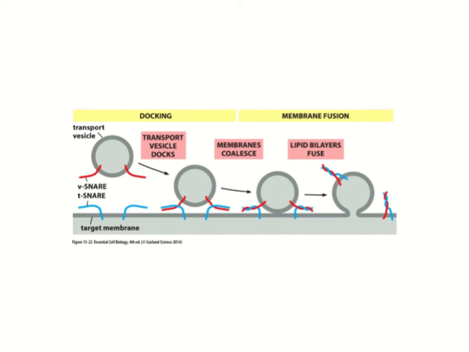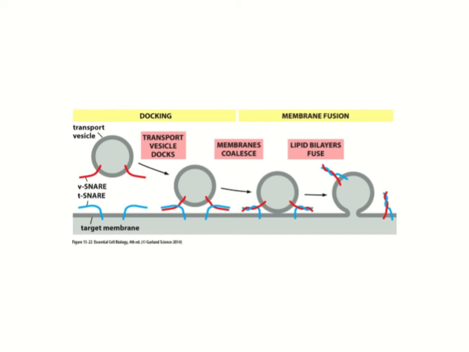So this slide is showing how the snares, there's more than one per vesicle, can facilitate the fusion of the membranes together, because that's not a very energetically favorable process, because water has to be displaced from all the hydrophilic heads of the phospholipids.